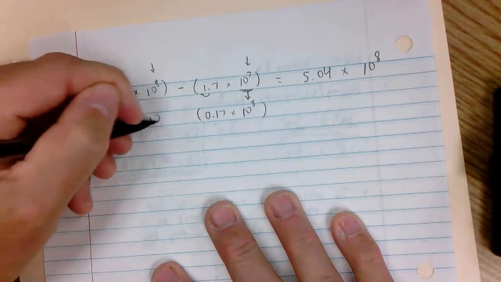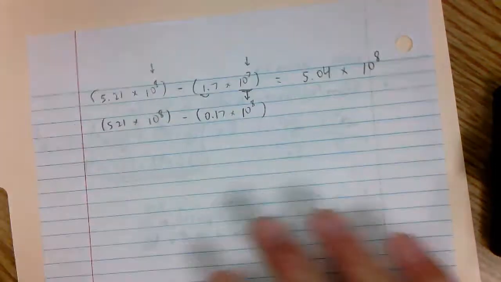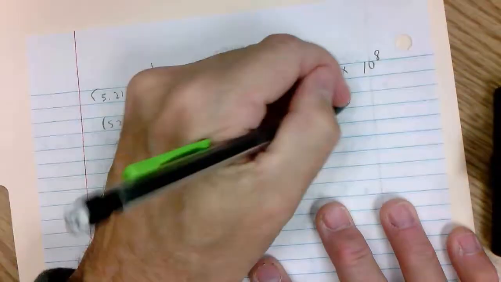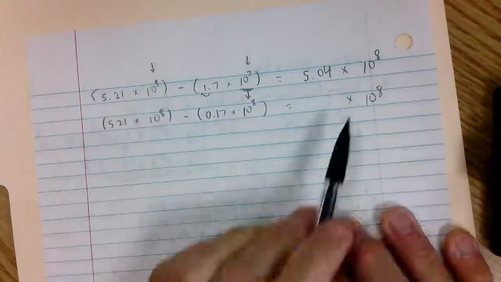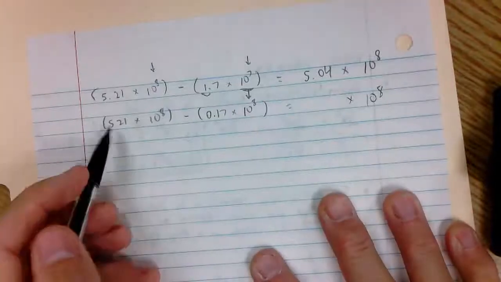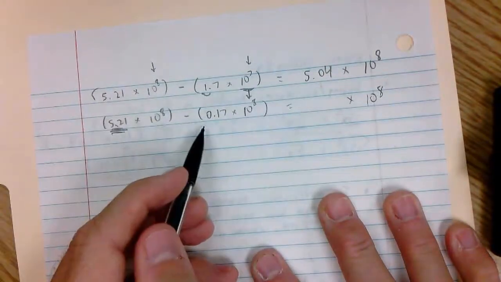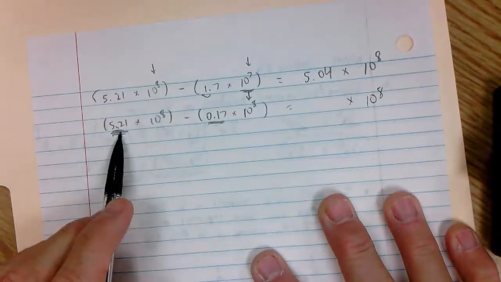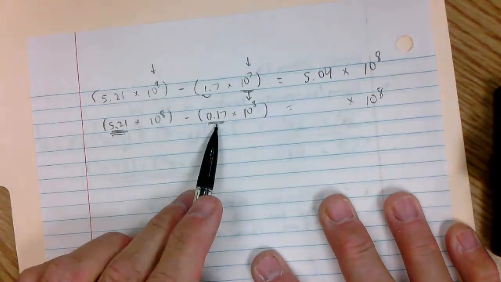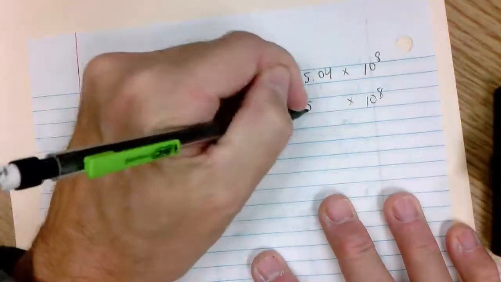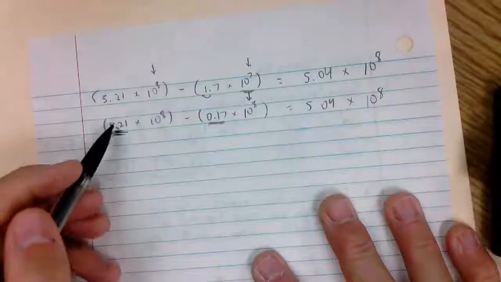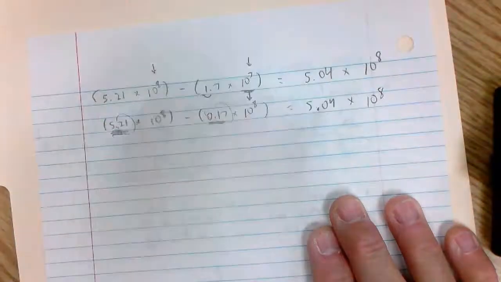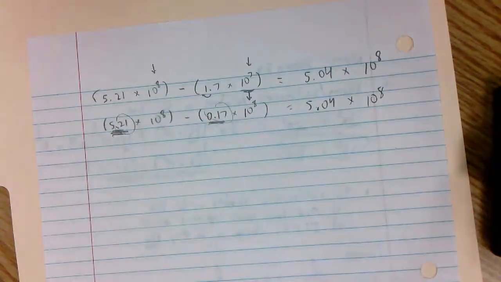And I'll keep this one the same. And so now these have the same exponent, and I can subtract them and keep the same exponent. And I would just do 5.21 minus 0.17. And 5.21 minus 0.17 is 5.04, because the 0.21 minus the 0.17 is 0.04. And I get the same answer.